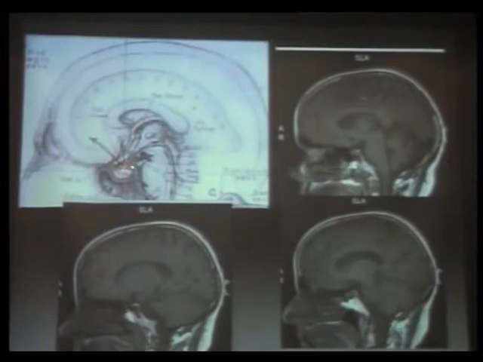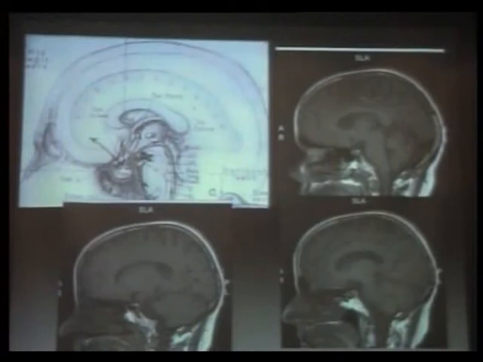And here's the pituitary and the pituitary stalk going up to the hypothalamus. And if we look in here, we can see the pituitary here. Here's the optic nerve chiasm. Here's the pituitary here, the stalk going to the hypothalamus with the optic nerve chiasm here. And again, here we see the anterior angle of the chiasm with the optic nerve.